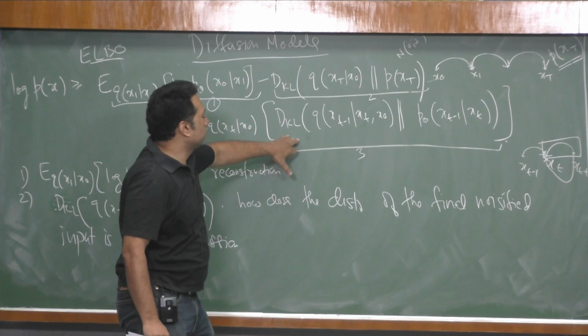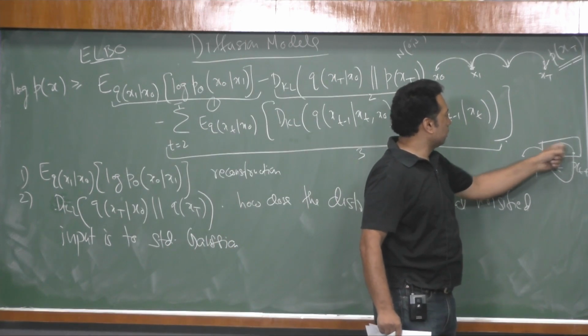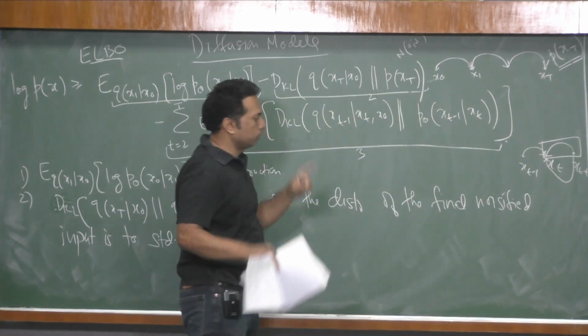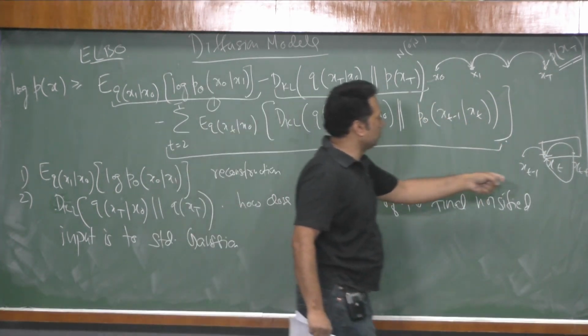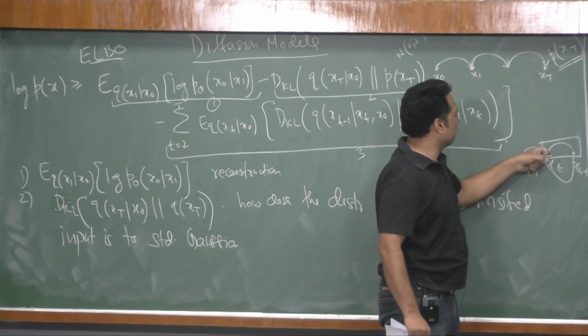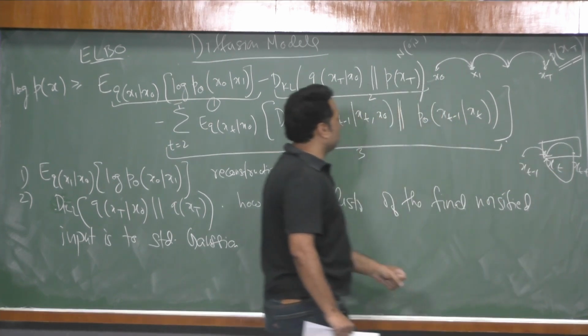What this is saying is that there is a ground truth, the hypothetical q, which is the gold standard, and this is something I am trying to learn by myself. Basically I'm trying to match the gold standard with the approach we have.